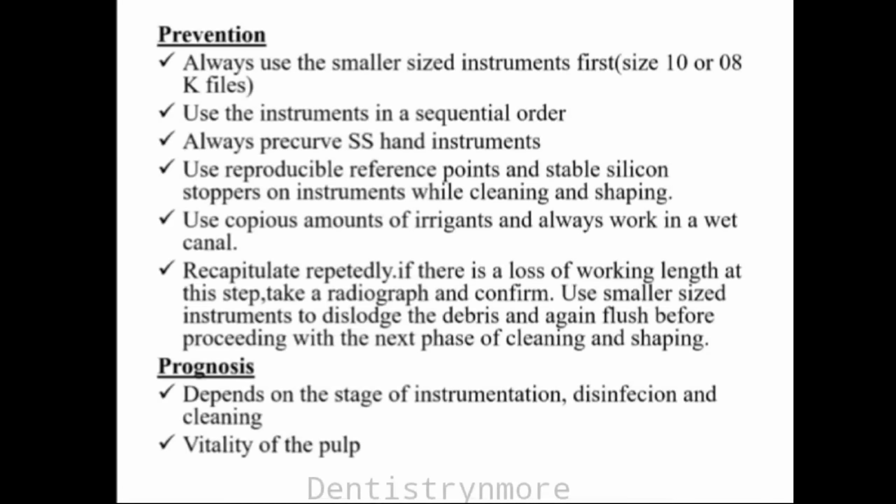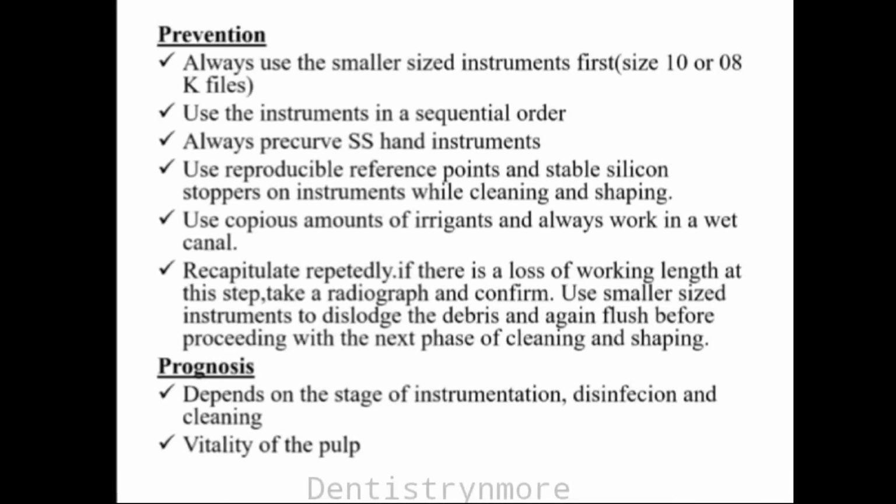Next one is prevention, that is always use a small sized instrument first, and use the instruments in sequential order, and always use a pre-curved stainless steel hand instrument, use reproducible reference points, use adequate amounts of irrigants, and always work in a wet canal.